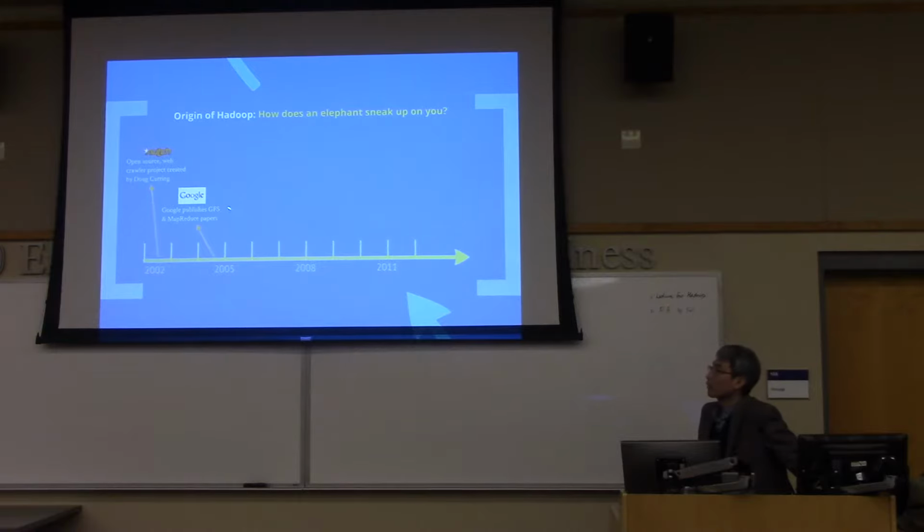It has two main parts: one is the Google File System, and the other is MapReduce. Both of them were directly adapted by the Apache Foundation into the Hadoop project. This one became the Hadoop Distributed File System, and this one became MapReduce programming.